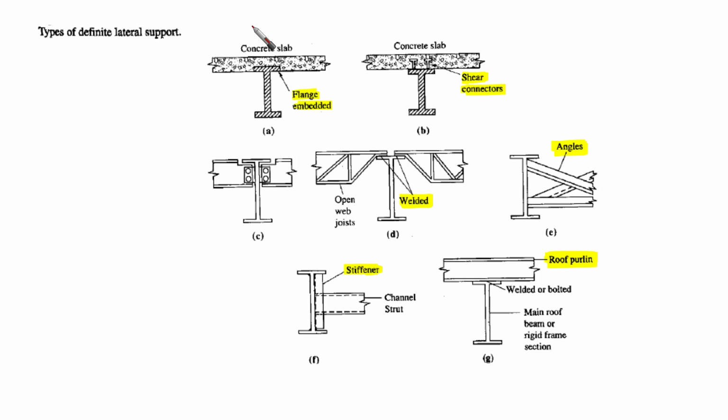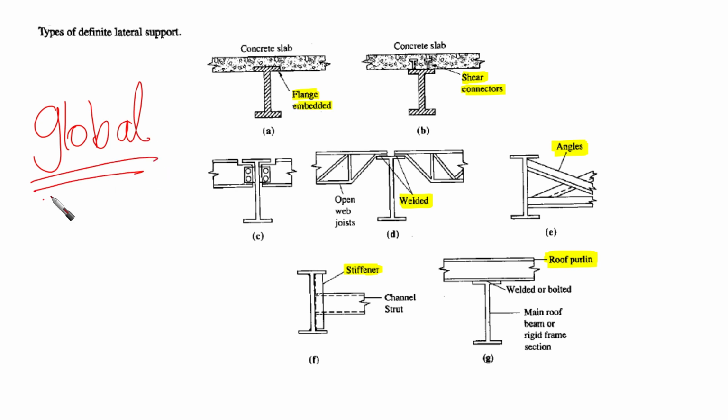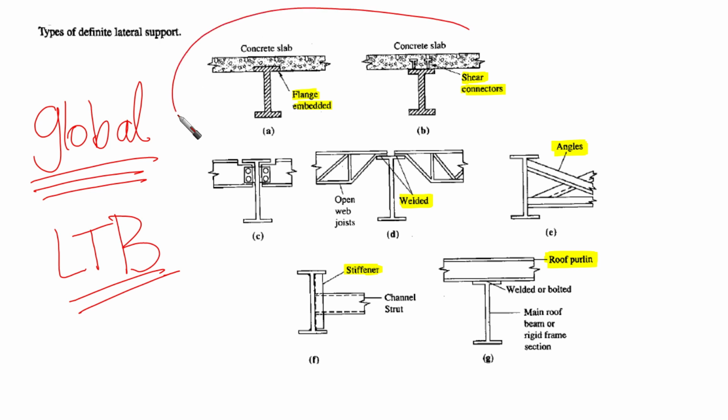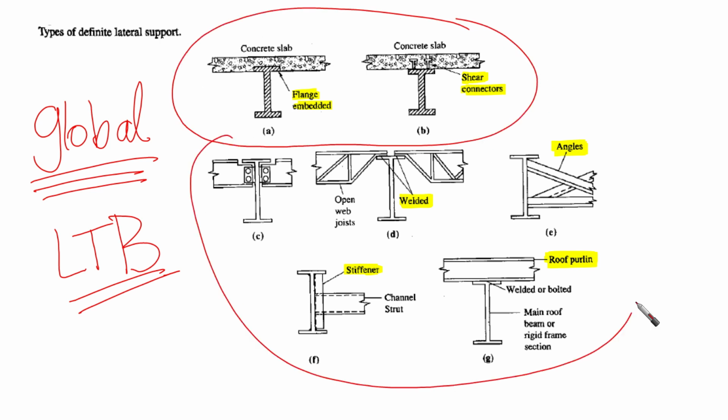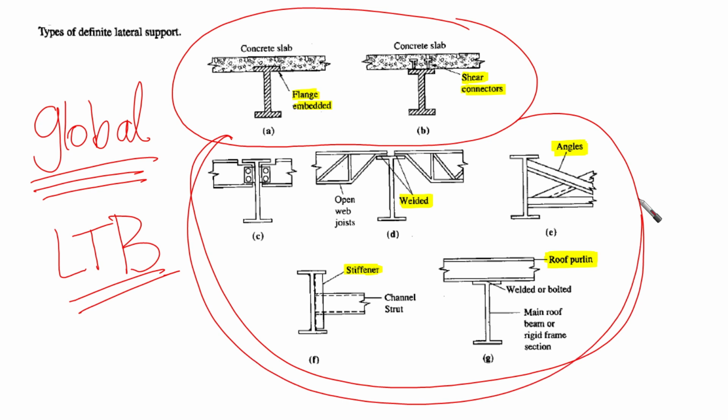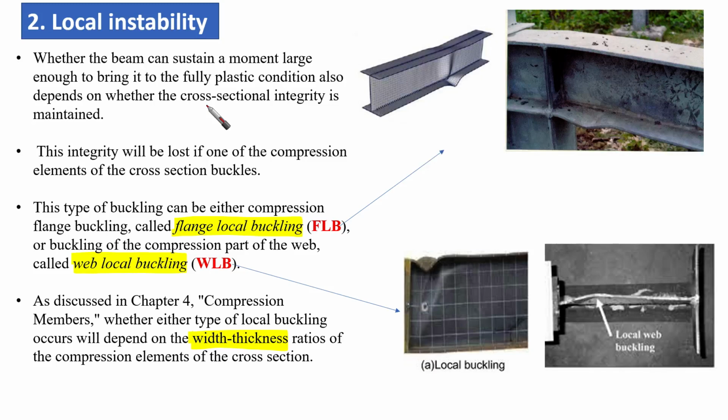If we have global issues, global instability, which is lateral torsional buckling, then we can use these types of bracing, whether stability bracing or torsional bracing, by controlling the compression flange. But if we have local instabilities, whether in the flange, we call it flange local buckling, or in the web, we call it web local buckling, what should we do?